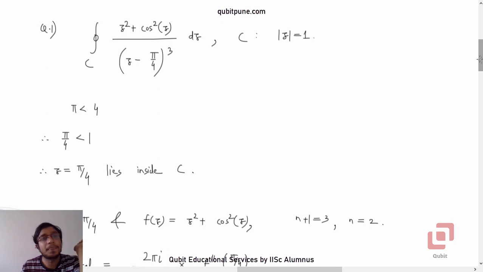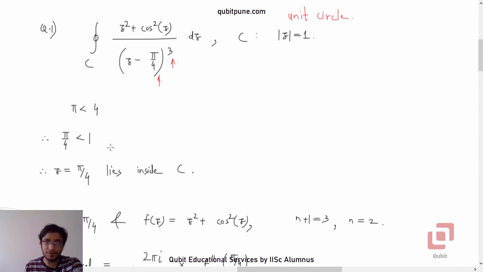Question 1. In this question, the denominator is z minus pi by 4 to the power 3, and the numerator is z squared plus cos squared z, and the curve C is the unit circle yet again. Now we have to first find the relative location of the point pi by 4, where the integrand is not defined, relative to the unit circle.